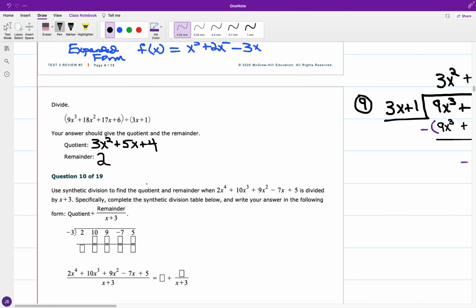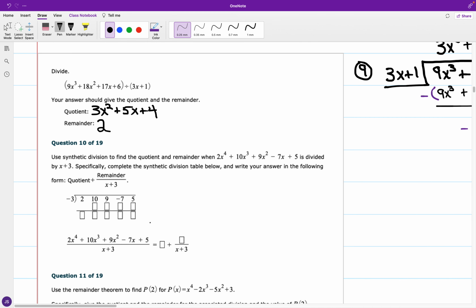Okay. Now, for what we have in the case of number 10, what I'm going to do here is just set the stage for how this synthetic division assortment has come to be. Now for number 10, again, your divisor, you have it x plus 3.